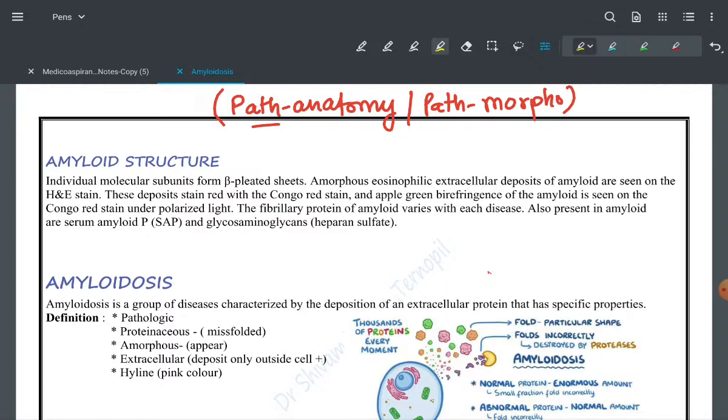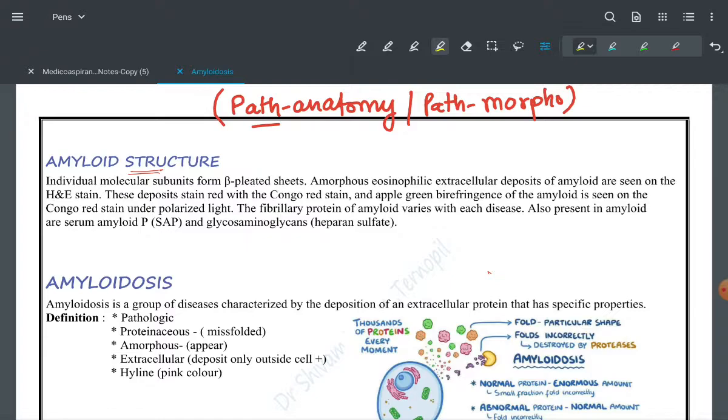So let's begin. The first one says amyloid structure. When we talk about the structure of amyloid, what does Kaplan say? Kaplan says that individual molecular amyloids are the individual molecular subunits of beta pleated sheet, an amorphous eosinophilic extracellular deposit of amyloid, and are seen on the hematoxylin and eosin stain.